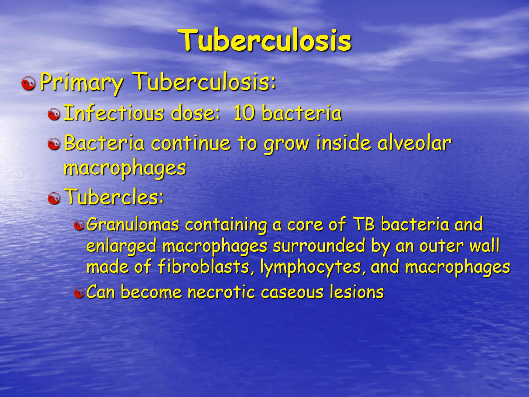These can get to a size where they become necrotic and form caseous exudate. When you cut these granulomas open, oftentimes it looks like cottage cheese. As the cells die from the necrosis, the lesions can become calcified, almost rock-like.